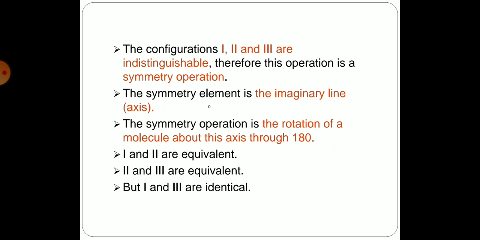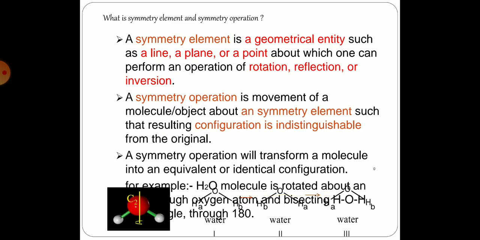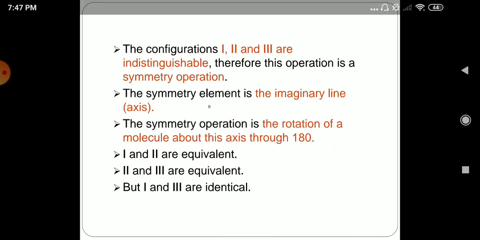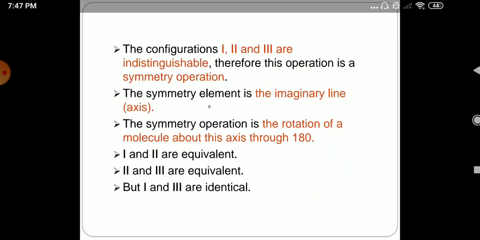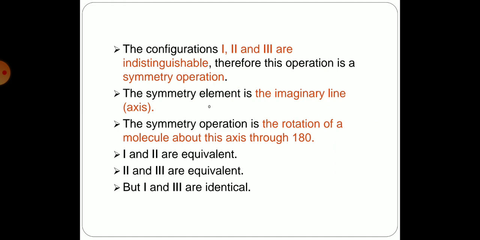The symmetry element is an imaginary line, an axis. Okay, you can see the C2 is a symmetry axis. Okay, so the symmetry axis is the imaginary line. The symmetry operation is a rotation of the molecule about this axis through 180 degrees. Okay, so the first and second are equivalent to each other.